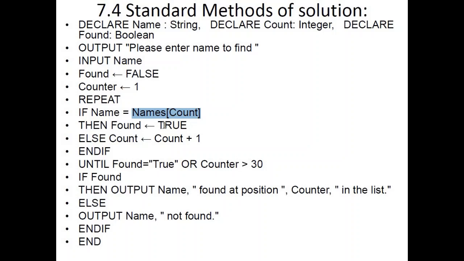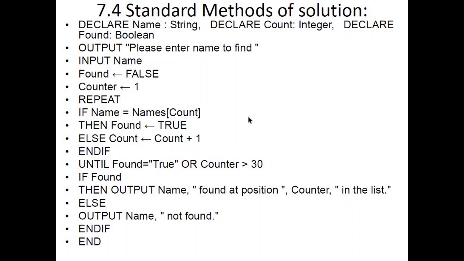If found is true, if you have found the value, then output the name, meaning whatever the user inputted, has been found at position, and then the value of counter would be displayed over here. Let's suppose you entered John and that was found at the 15th position, so at that time your counter would have a value of 15.